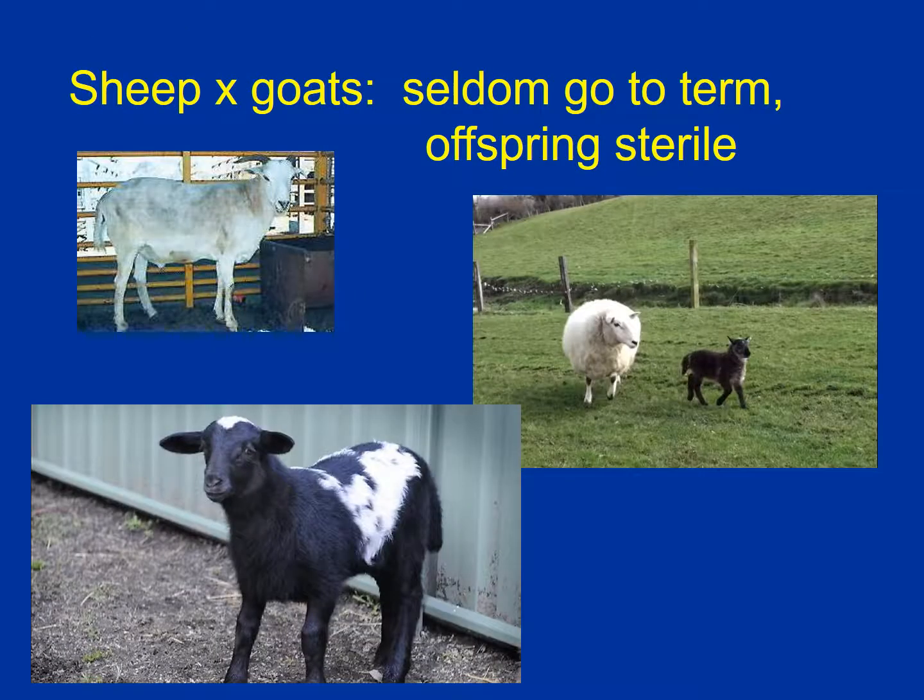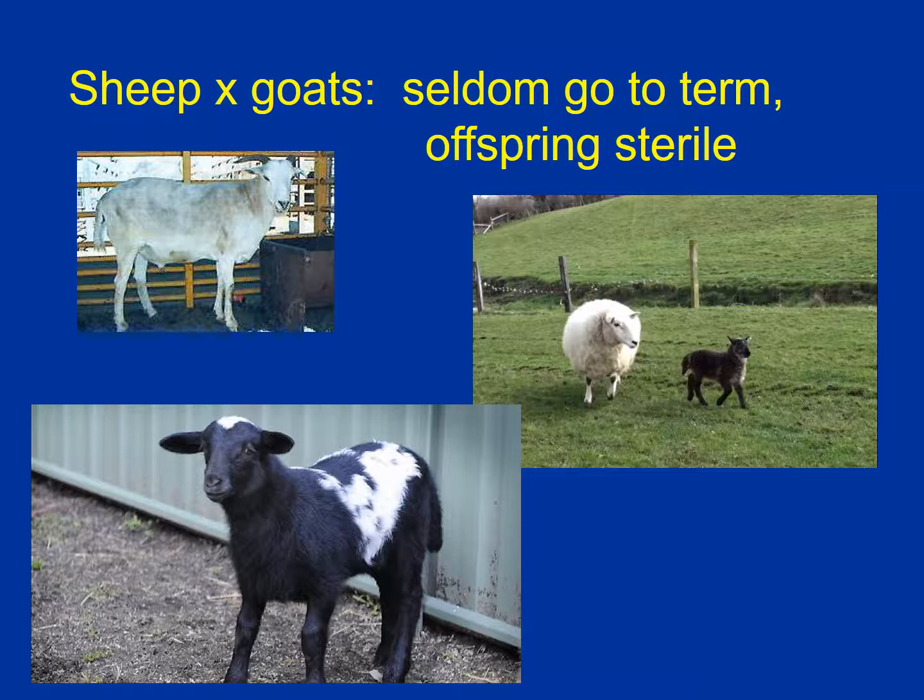In the section on sheep and goats, we'll talk about the differences between sheep and goats. There's some similarities, but there's an awful lot of difference. But they're similar enough that a male goat will breed a female sheep. You get fertilization, but they seldom go to term, and vice versa.